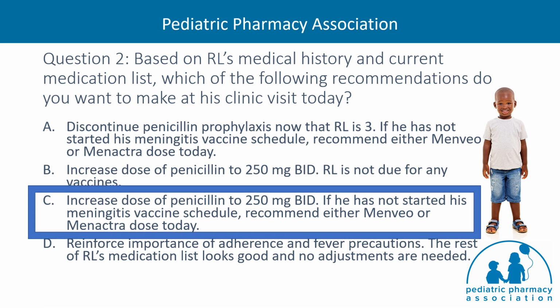Great, the answer here is C. Since he's now over the age of 3, we want to increase his dose of penicillin to 250 milligrams twice daily. Additionally, if he's not started his meningitis vaccine schedule, we want to recommend either Menveo or Menactra today.